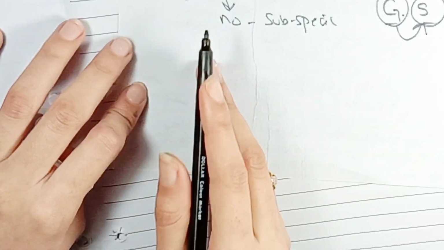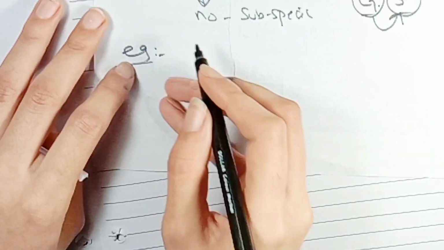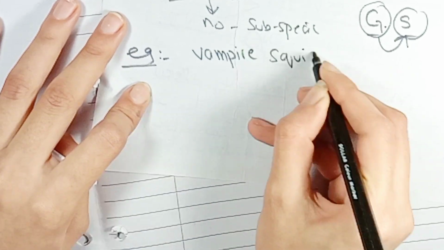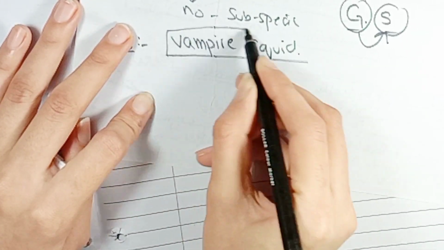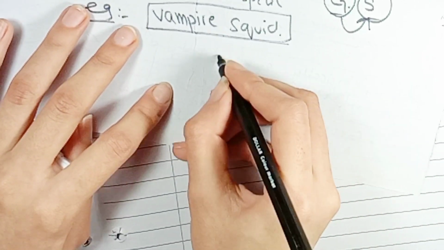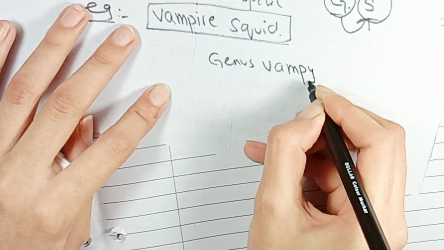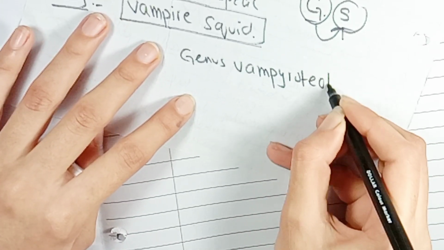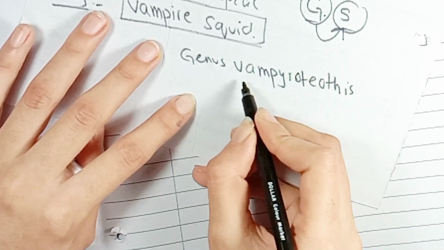If I talk about examples of monotypic species, the first example is the vampire squid. The vampire squid is the only species in the genus Vampyroteuthis.